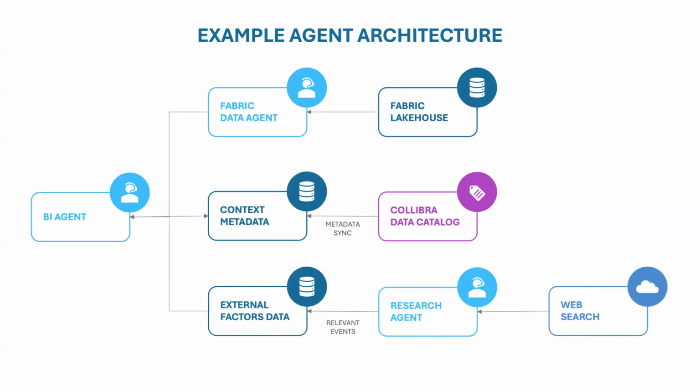And then external factors. You might realize, well, maybe I have another agent that I need to create that I'm going to use every day that is going to do a web search, and it's going to identify any relevant weather activity that's happening for the locations where I have stores, and it's going to log those weather events into a database table so that these external factors are available. It's going to look at activity of my competitors, activity of my suppliers, look at event information.